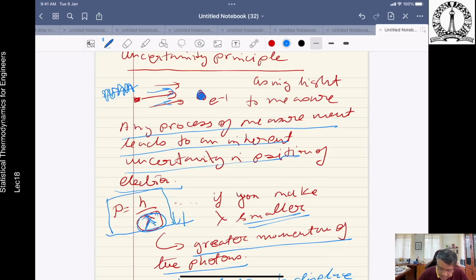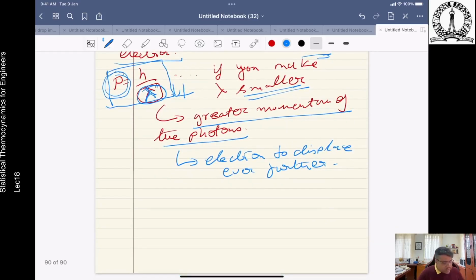But the moment you make lambda smaller, the momentum of the photon increases, so it hits the electron with a higher momentum and causes more displacement. So just making the photon wavelength smaller and smaller is not going to serve the purpose.